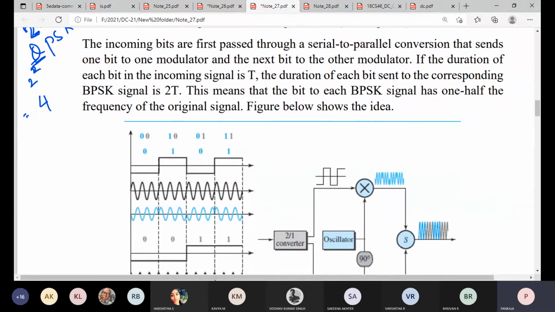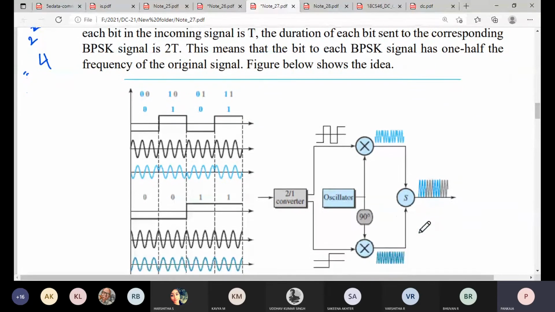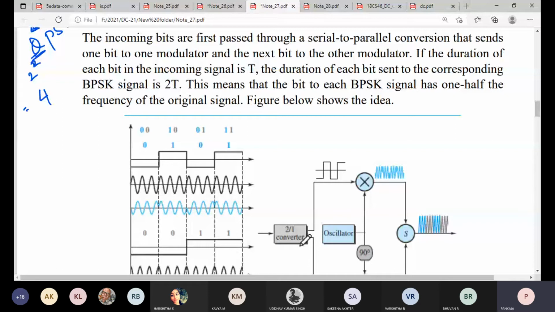So now we'll go through how QPSK works. Focus on this diagram, which tells how QPSK works. First, the input that is coming is in the form of serial bits.